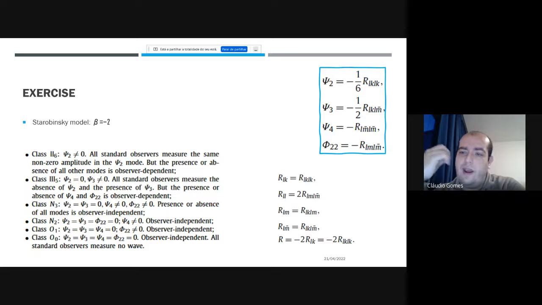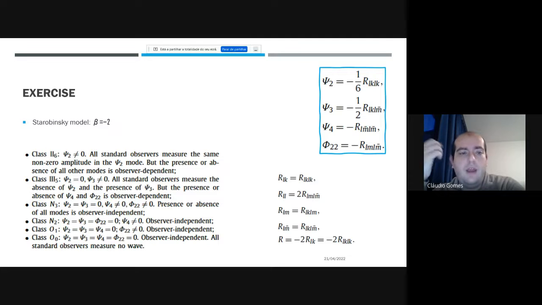So let's do another example, okay? Let's choose beta equals -2, meaning that we are choosing a function which is roughly R minus alpha R squared. This is the so-called Starobinsky model. It's a quite successful model for inflation, okay?